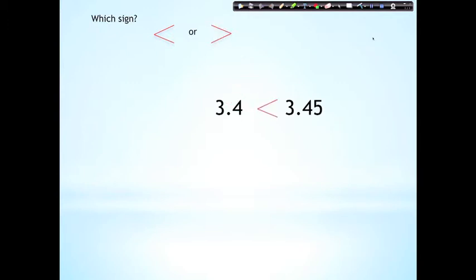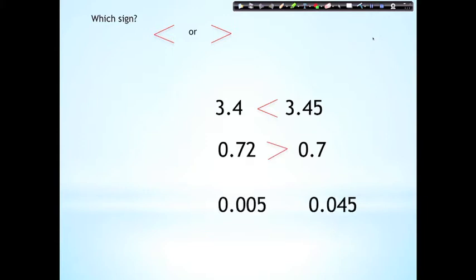The next one, 0.72 and 0.7. Okay, and 0.72 is greater than 0.7, and then 0.005 and 0.045. Okay, 0.005 is less than 0.045.